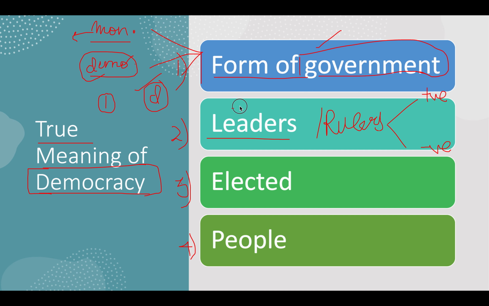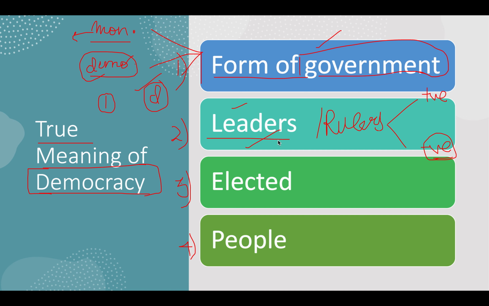That is a leader. A leader could also be in a negative sense, where it is just putting its rule on. Whereas in this term, leader does not mean that it is putting its own rule. Rulers or leaders here means that they are helping us in governing our country, they are working for our country.